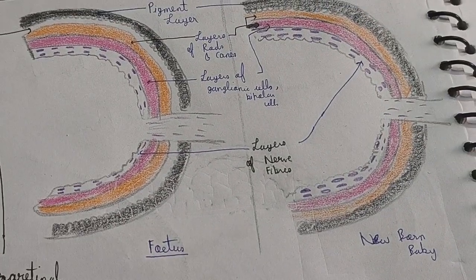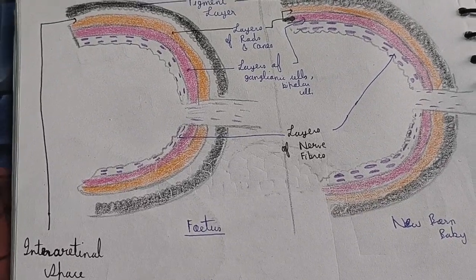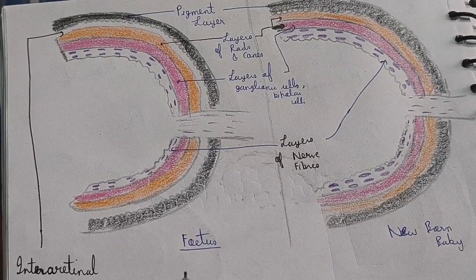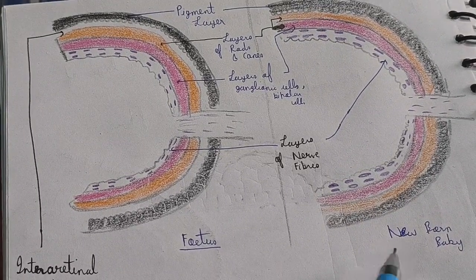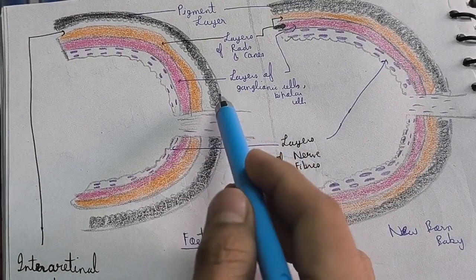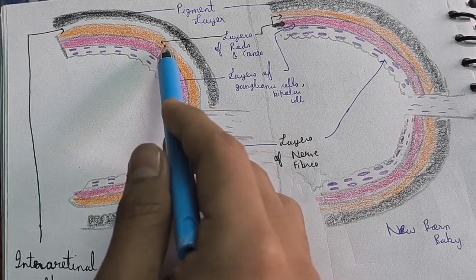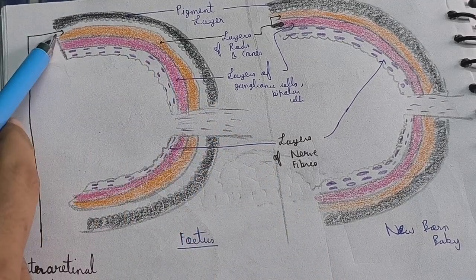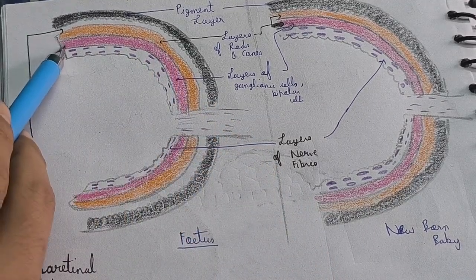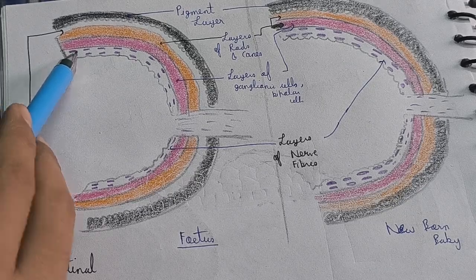So finally, this is the formation of the retina. Here it is in the fetus, and here it is in the newborn baby. You can notice that in the fetus there is a pigmented layer and a nervous layer, basically layers of rods and cones, layers of ganglionic cells and bipolar cells, and layers of nerve fibers.